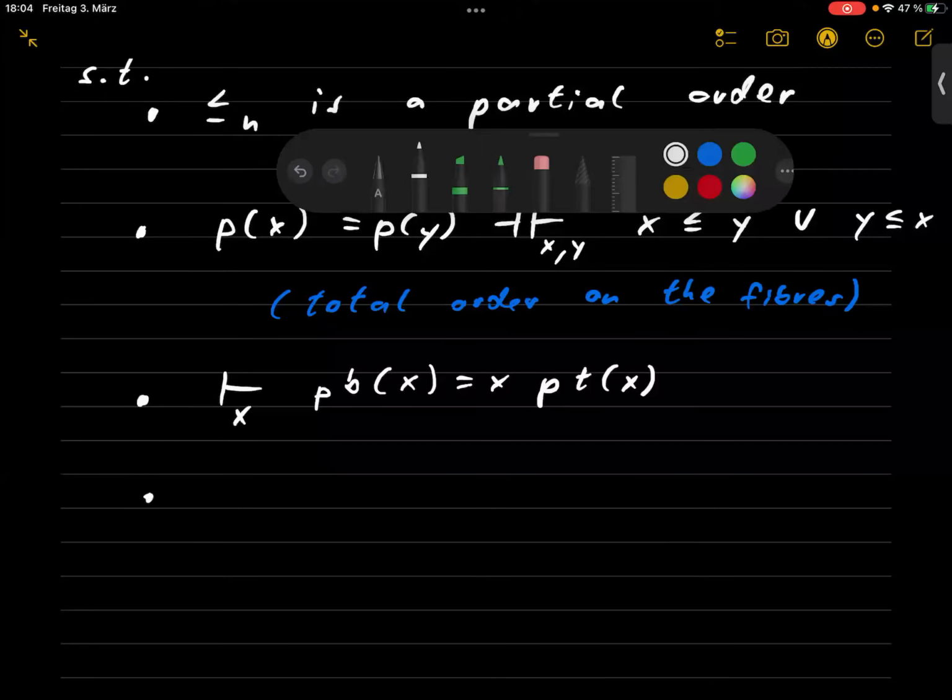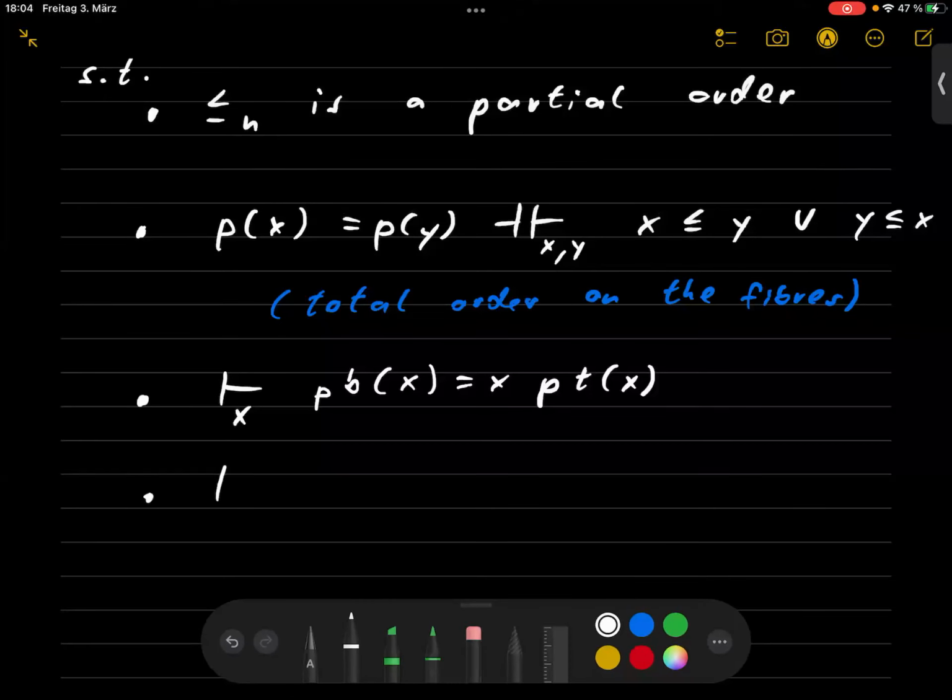Next one, we want that B and T are the bottom and top elements, and therefore B of Px is less than or equal to X, which is in turn less than or equal to the top element in the fiber.